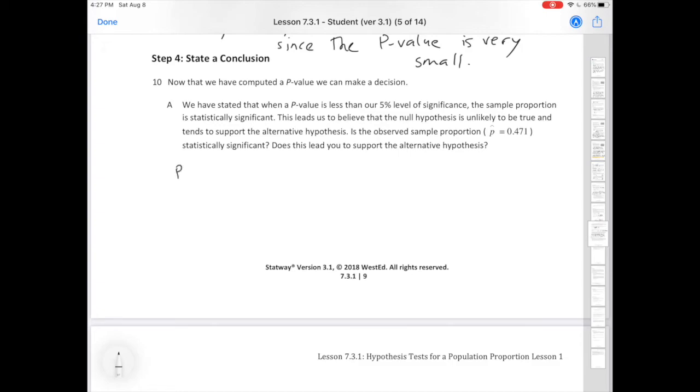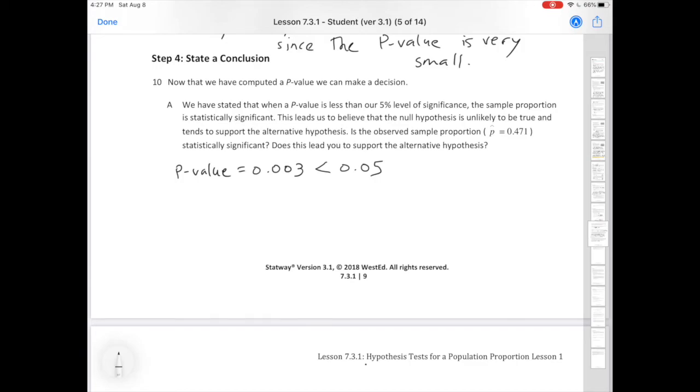Well, our p-value was 0.003, and how does that compare to 5%? Is that less than 5% or bigger? So hopefully you know how to compare decimals. This is indeed smaller than 5%. In fact, it's smaller than even 1%, right? Because it says 0.003.